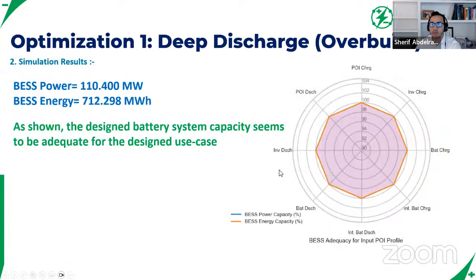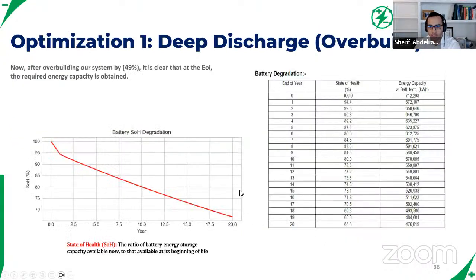We check the energy adequacy and power adequacy as well. We're still good, 100%. And what we find here is that now we have more than 400 megawatt hours at the battery terminals.